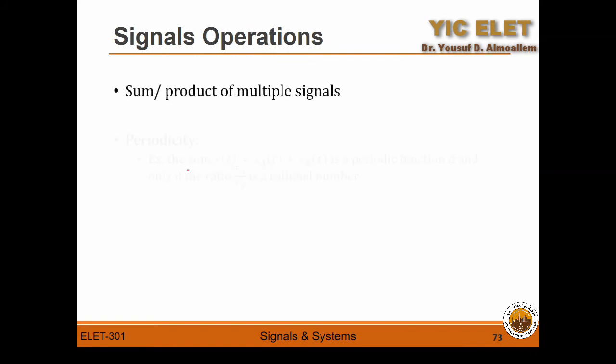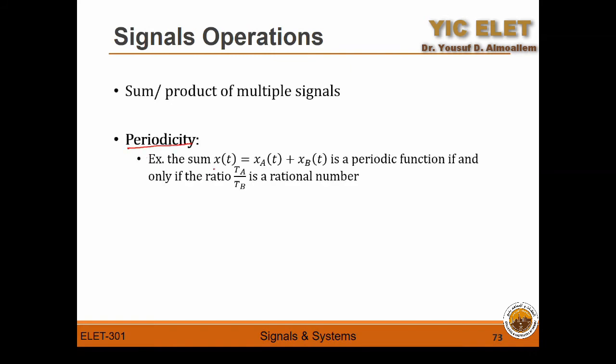So first, if we talk about periodicity, let's say this is a signal periodic with a period A, and this is a signal periodic with a period B. If we add these two signals together and we want to know whether the result is periodic or aperiodic, we will find out that it will be periodic only if the ratio between the two periods of the individual components is a rational number.